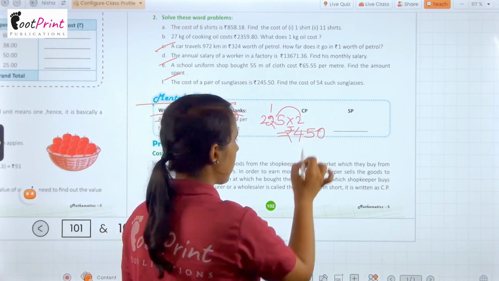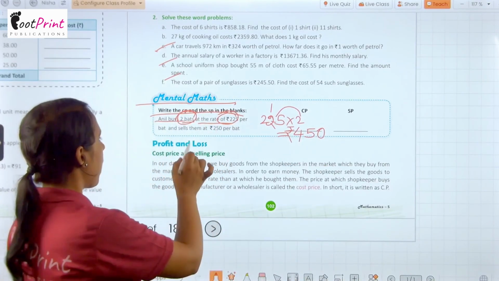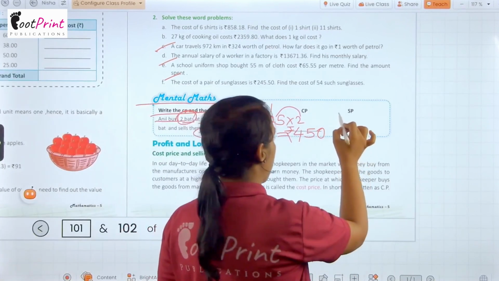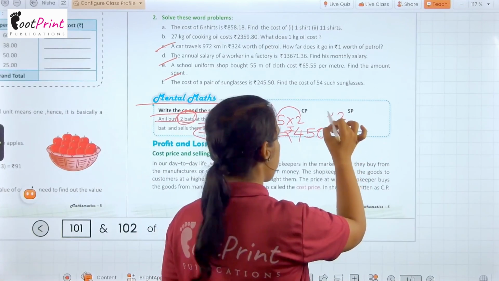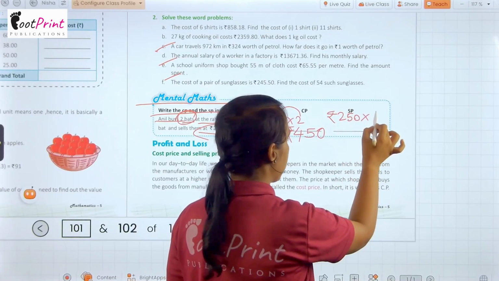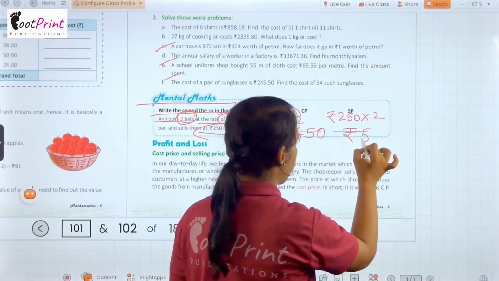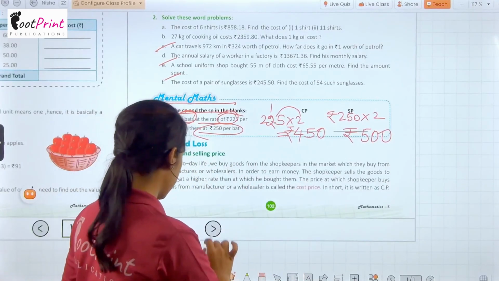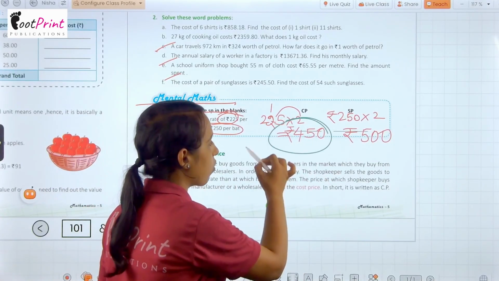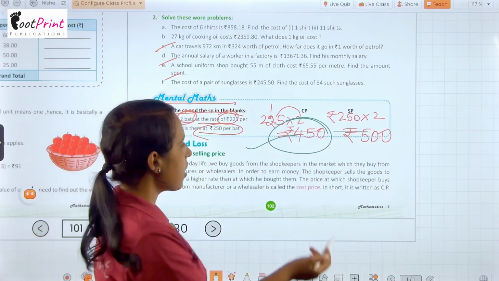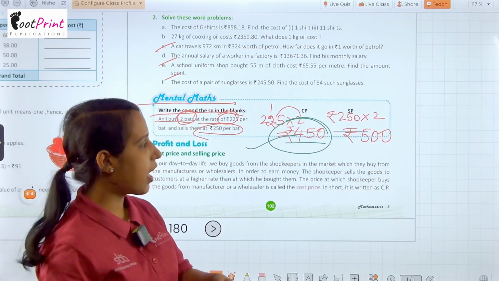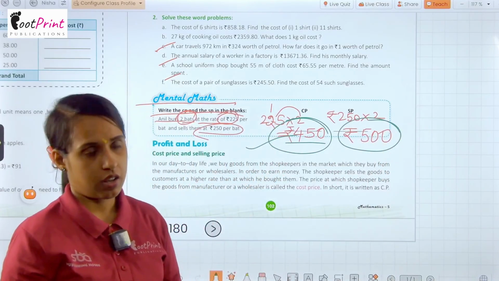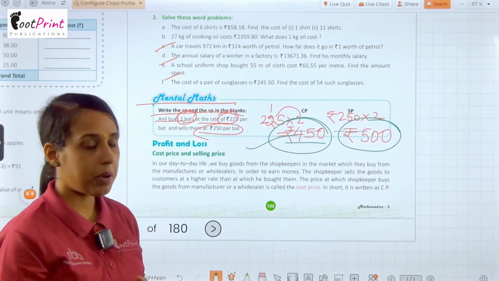Okay, CP is 450 and he sells them at 250 rupees per bat. 250 रुपीज का एक बैट है तो 2 बैट कितने के होंगे, 500 रुपीज के. इट मीन्स जो अनिल है उसने जो बैट खरीदे थे 2, सीपी जो है उसका कॉस्ट प्राइस, खरीदने वाला प्राइस 450 एंड ही सेल्स दैट बैट इन 500. ओके, उसने कम में खरीदे और ज़्यादा में बेच दिए.